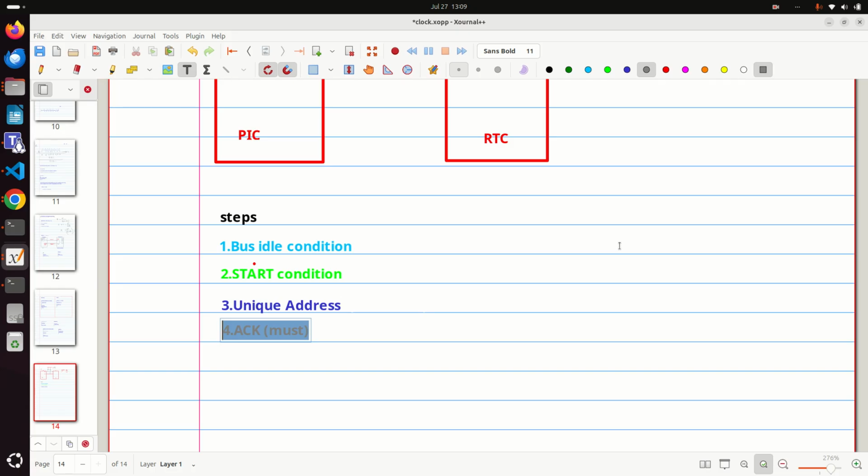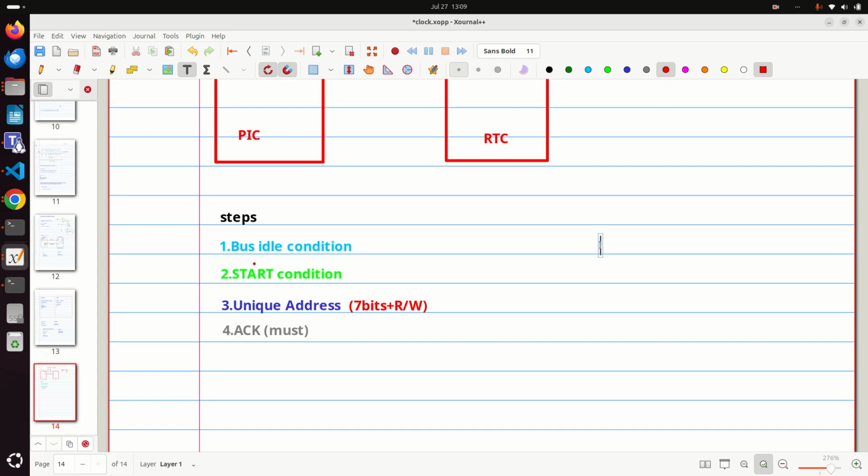When master transmits the unique address, it also transmits the intention along with the unique address, whether it wants to write or read. Usually the unique address is nothing but 7 bits.